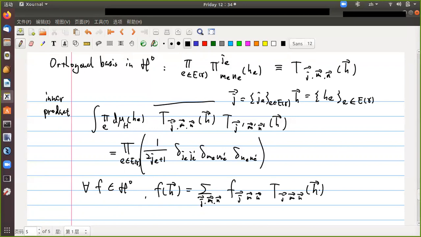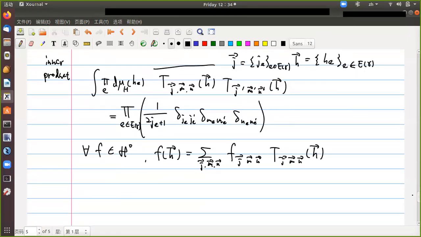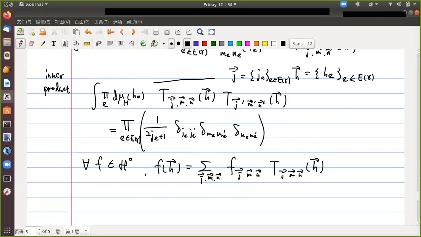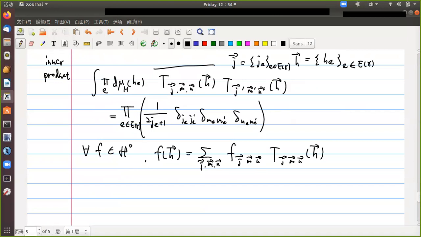Okay, so this is the structure of the Hilbert space, and we find also an orthonormal basis of this Hilbert space.